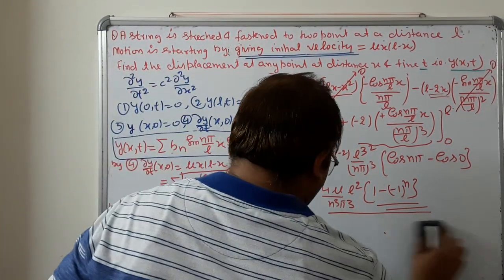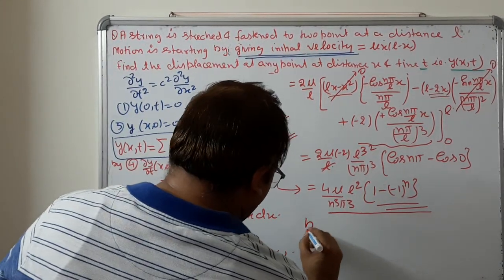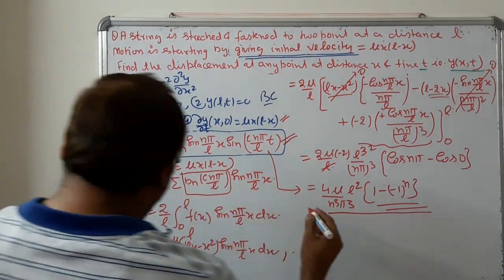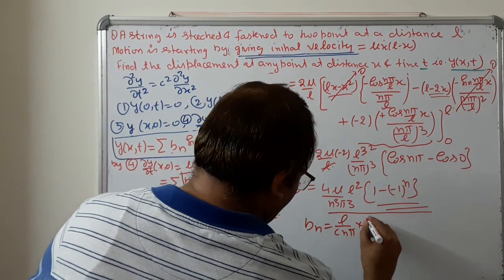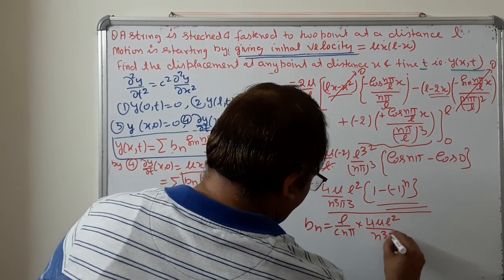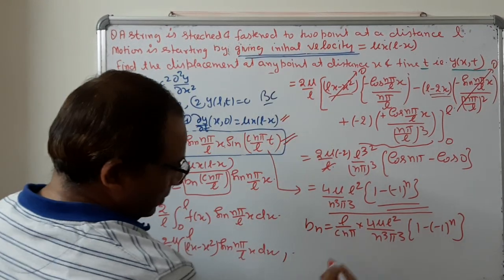What is the value of Bn? In this case the value of Bn is equal to, change this into the right hand side, that means L/(Cnπ) into 4μL²/(n³π³) (1 - (-1)^n), right?